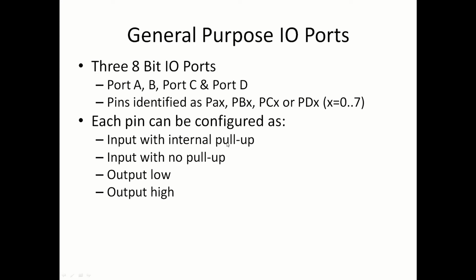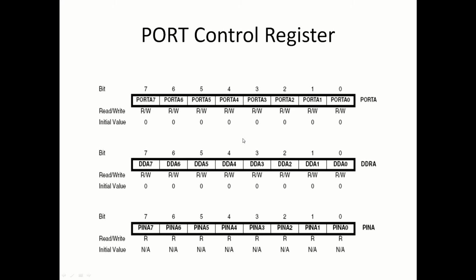Each pin can be configured as an input or output with internal pull-up resistors, and you can configure them as an output or as an input, or you can send the data as high or low. So the generally used registers while using the ports are as follows.